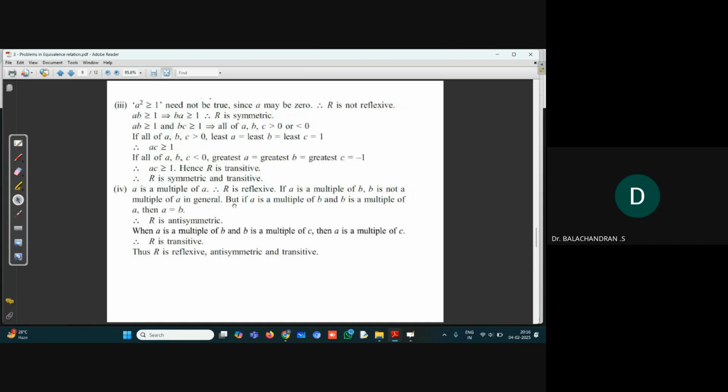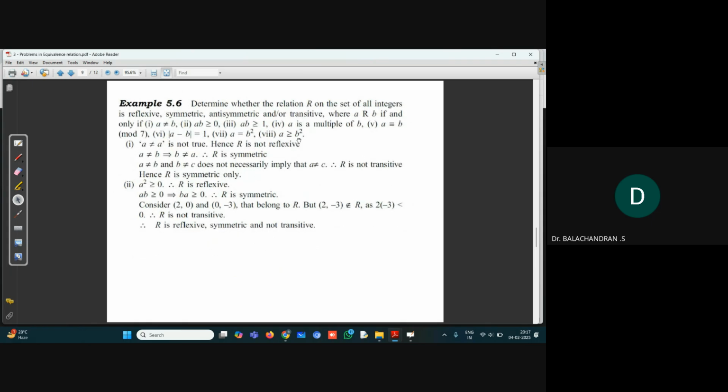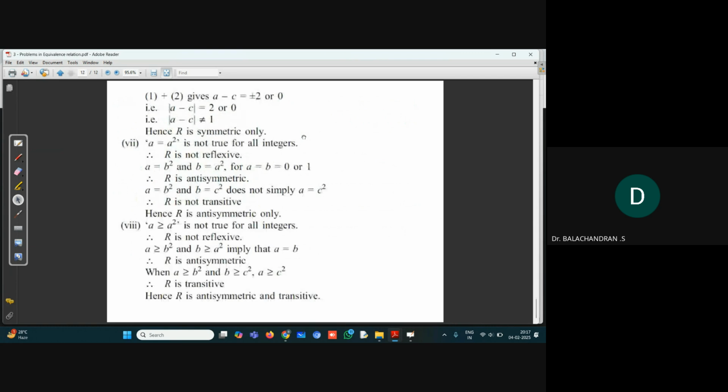The last one is a greater than or equal to b square. Actually, a greater than or equal to a square is not true for all integers. So that's why R is not reflexive, and also it is not symmetric.